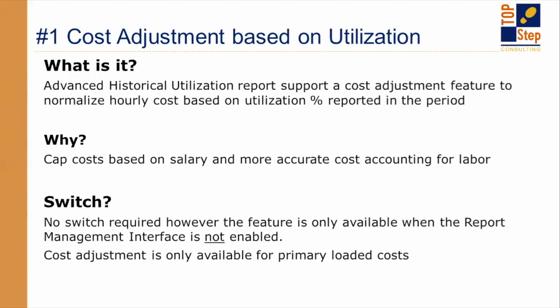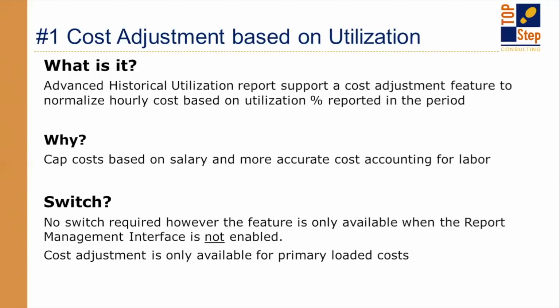Okay, and I'm using 40 as a standard work week. Now, I realize that's not everyone's standard work week. So what it'll do is basically say, if you work 60 hours, then your hourly cost is going to get reduced by a percentage so that the total cost of 60 hours is the same as if you only worked 40 hours. And that's what this cost adjustment feature does.